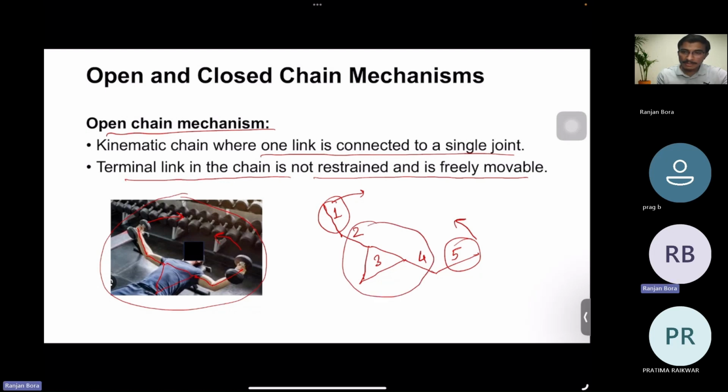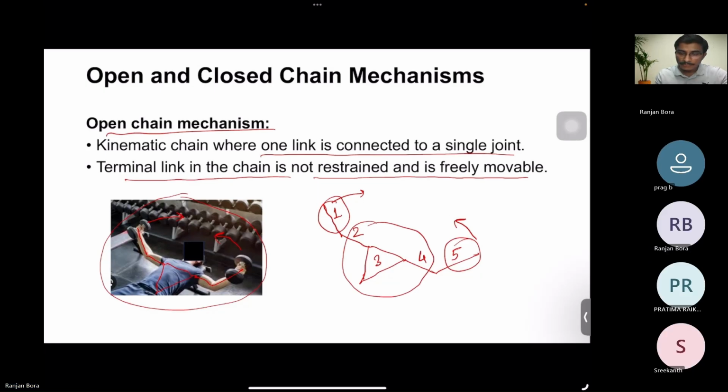For these terminal links, yes, the degrees of freedom are movable. Yeah, 2 and 4 will also have slight movement, but to tell whether it is an open chain or closed chain, we only see the terminal links, not all the other links.